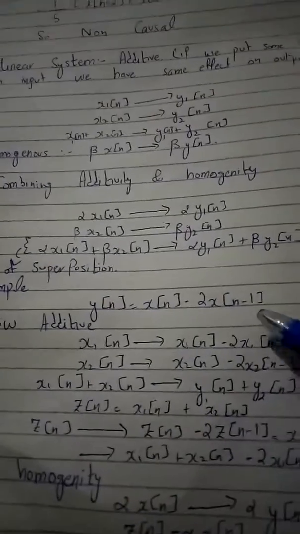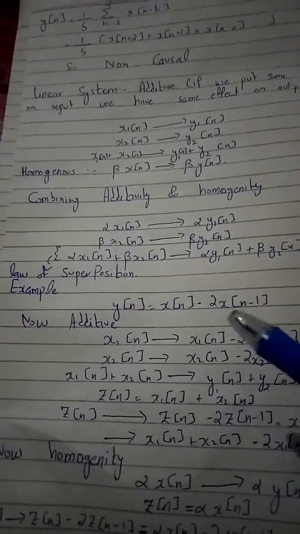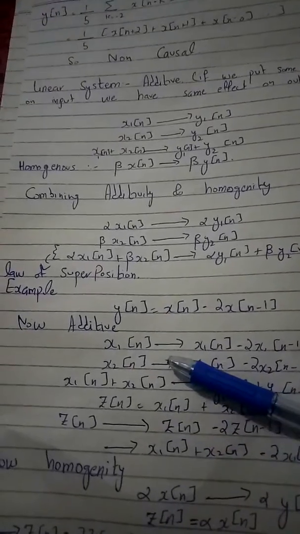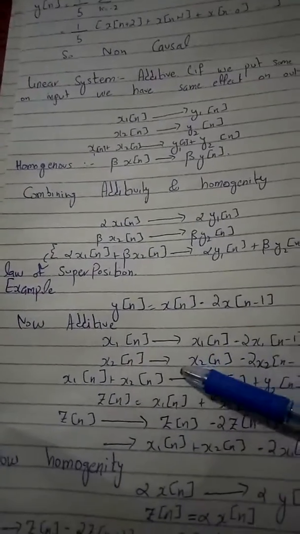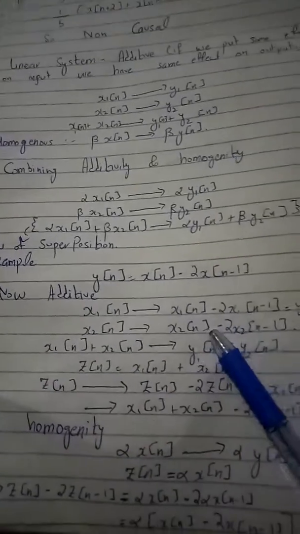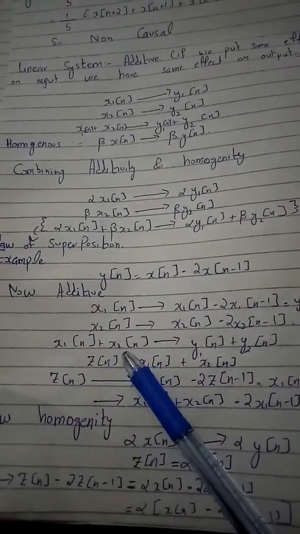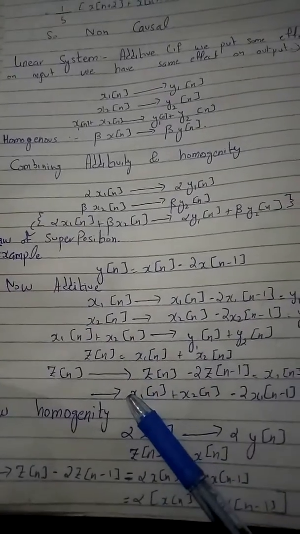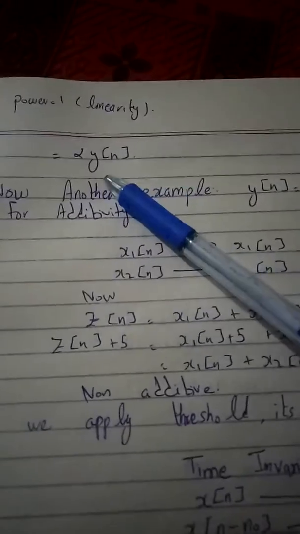We have been given this example. Now we have to show that it satisfies both the additive property and the homogeneity property to show that it's a linear system. We have solved it here. First of all, we have proved that it is additive, and then we have shown that it is homogeneous also. So it's a linear system.